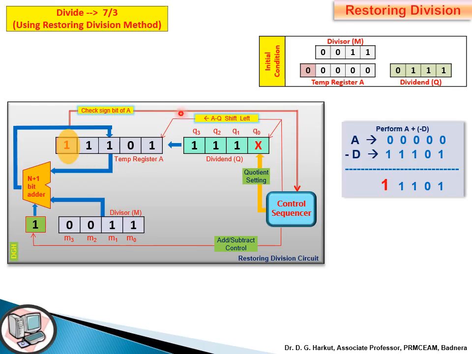Control sequence generator checks the sign bit of result. Sign bit being 1 indicates the temporary value is negative. Hence, we need to set Q0 bit to 0 and restore the content of temporary register A back to the earlier value.